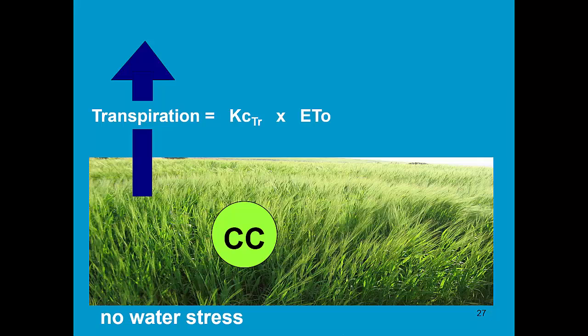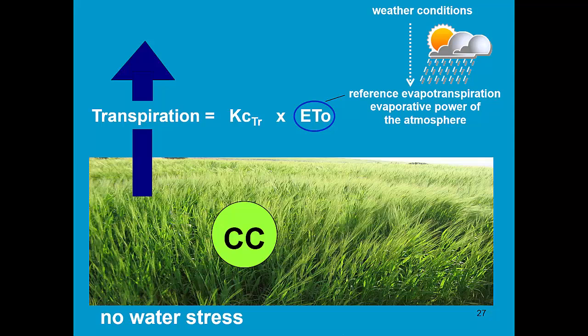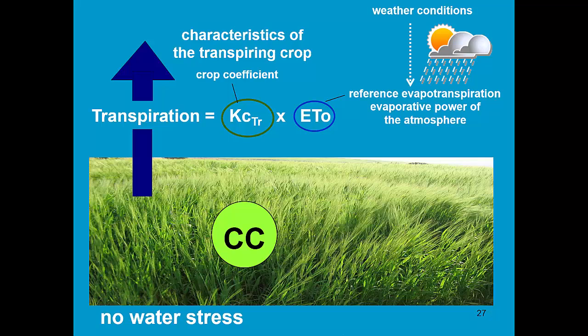To simulate transpiration, AquaCrop uses the Kc ET0 method. ET0 is reference evapotranspiration. It expresses the evaporating power of the atmosphere, which is dictated by the weather conditions, and it is multiplied with a Kc. Kc is a crop coefficient which characterizes the transpiring crop.